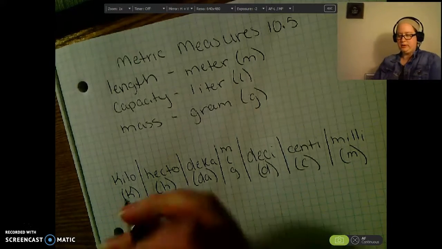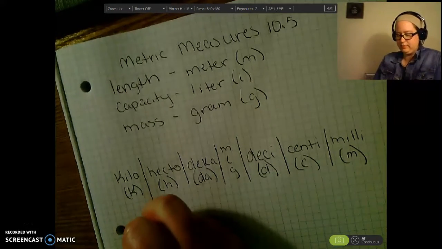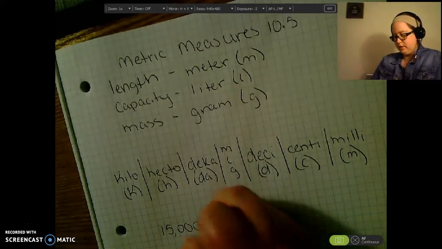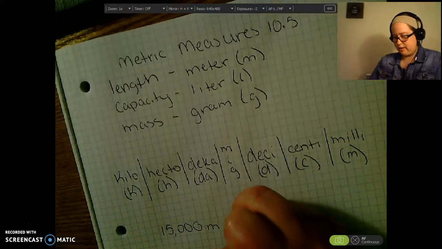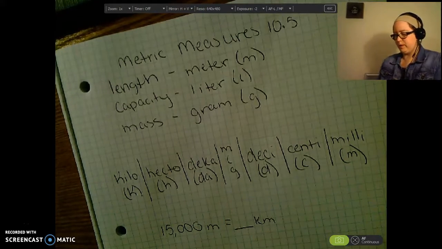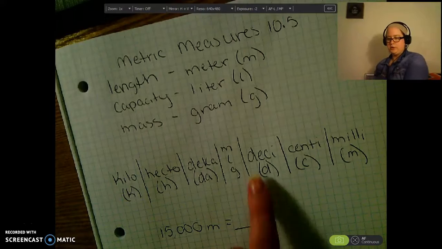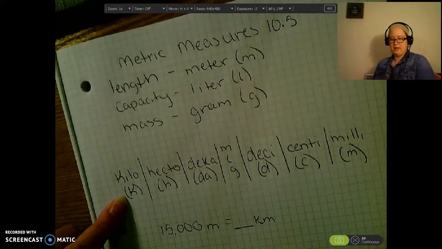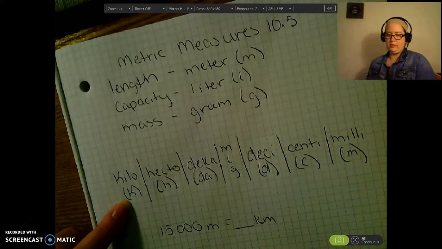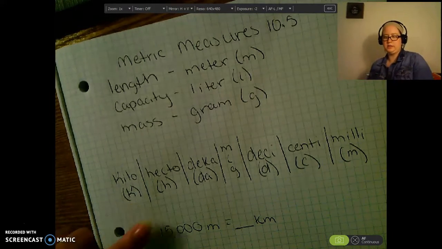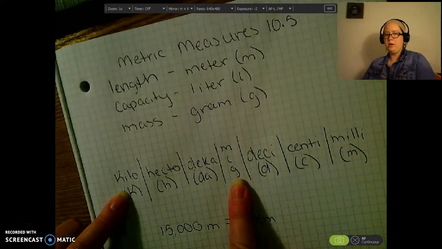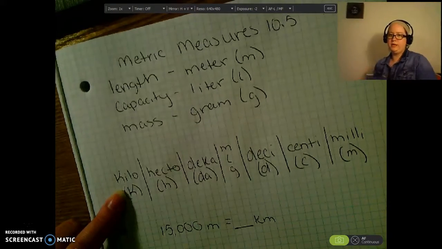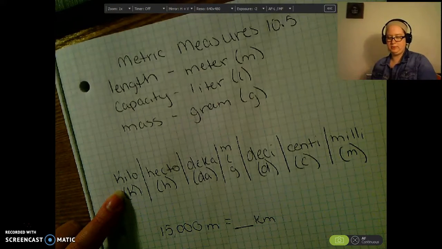We want to convert 15,000 meters to kilometers. We're starting here at M, and we're going to kilo, or kilometers, so the K. We are going to go 1, 2, 3 decimal places.